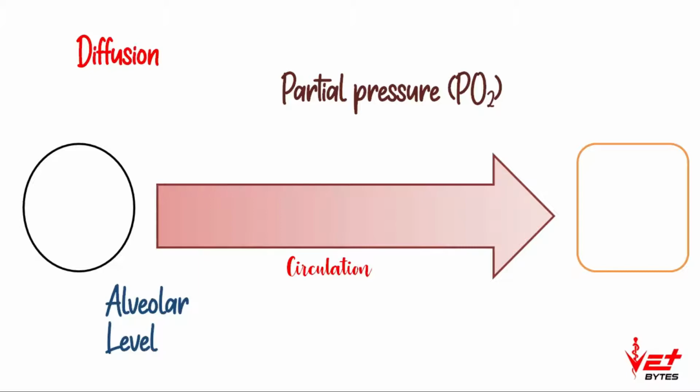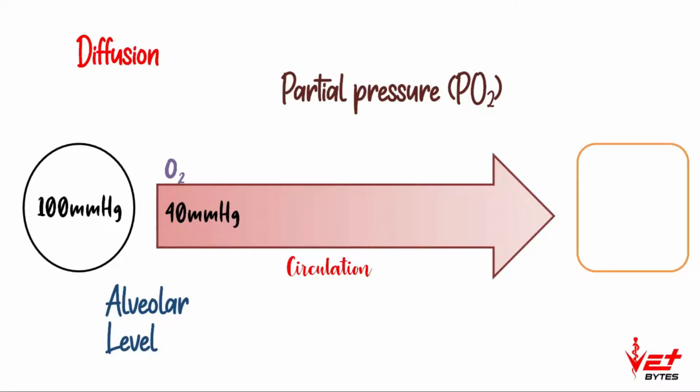In the alveoli, the partial pressure of oxygen is 100 mm mercury, and in the blood reaching the alveoli, the partial pressure is 40 mm mercury. This difference in the partial pressure causes the movement of oxygen from the alveoli into the blood vessel.